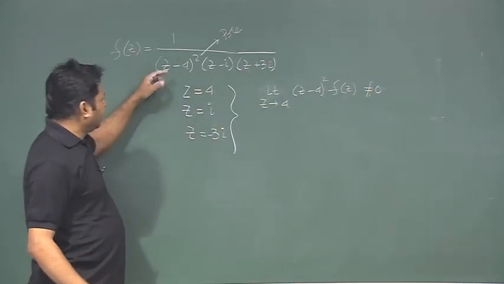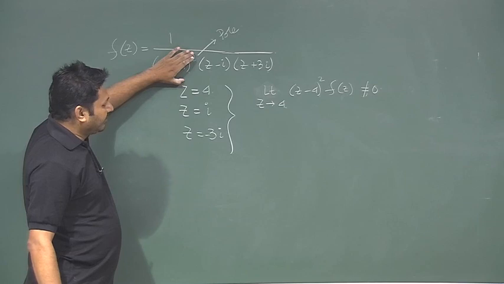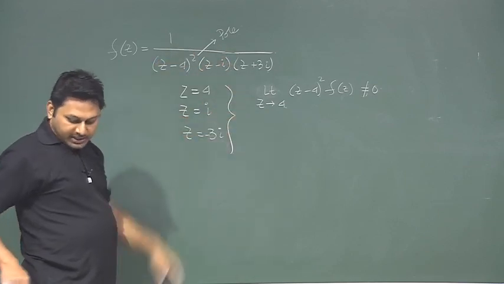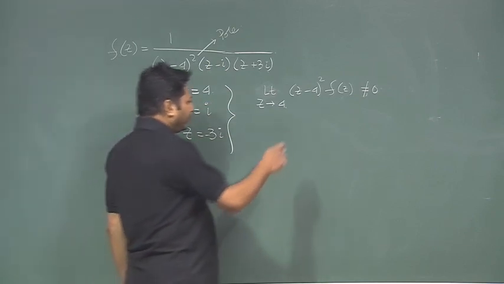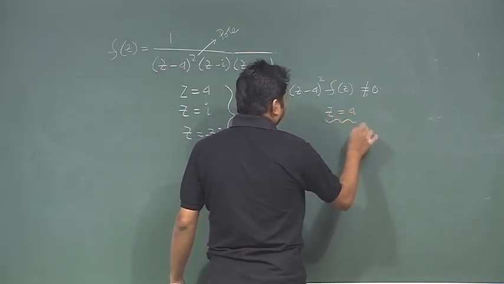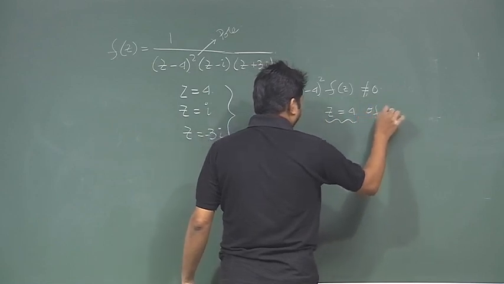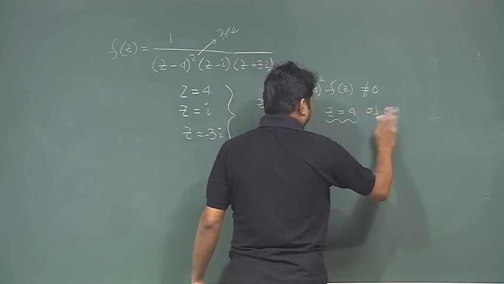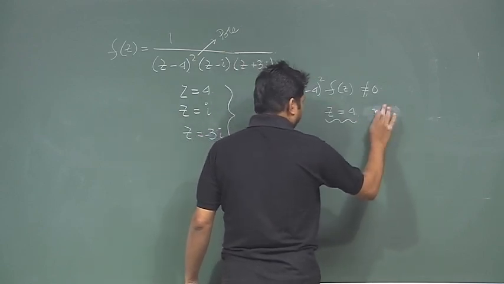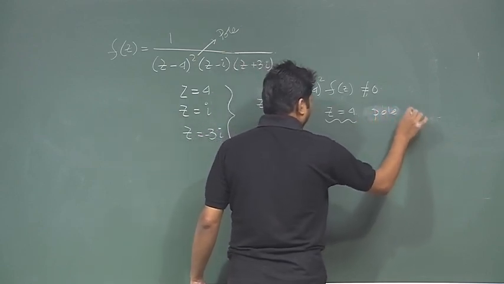When you multiply, this term will cancel out, and then if I put z equal to 4, we have some value of this quantity. So, here z equal to 4 is a pole of order 2.